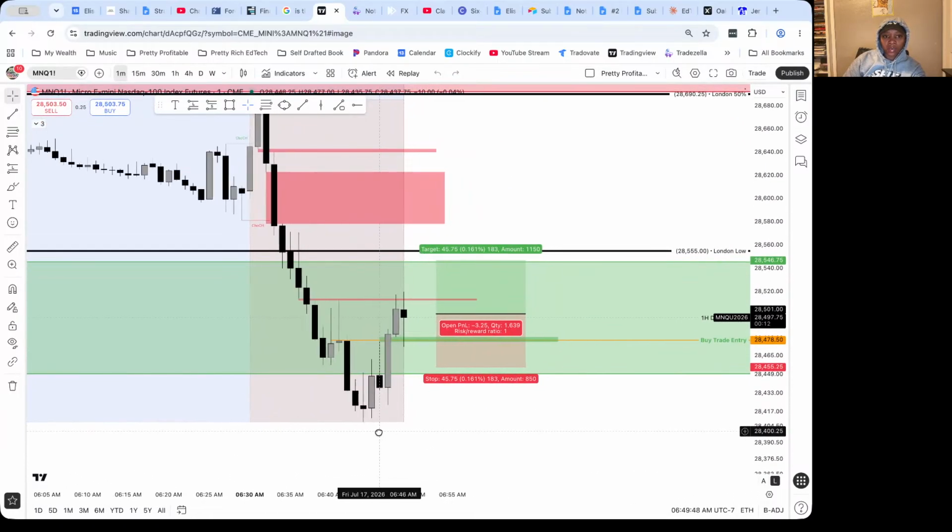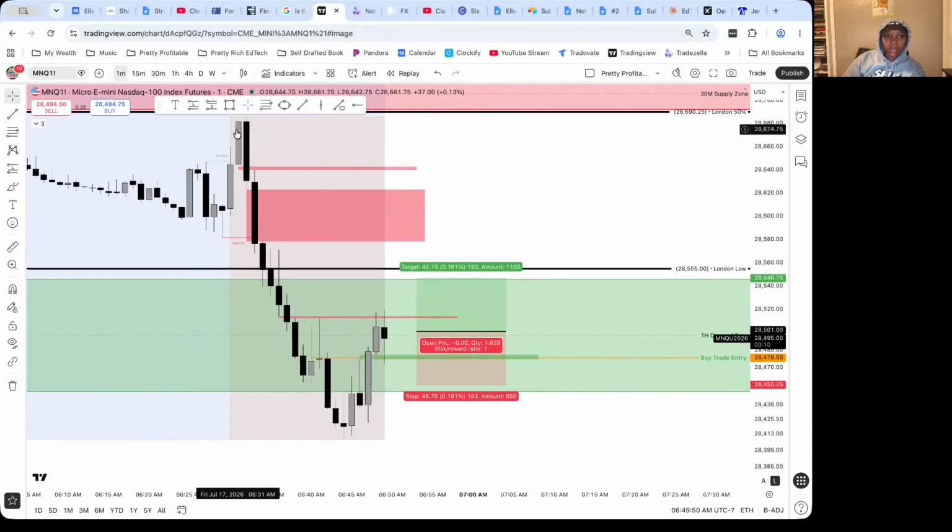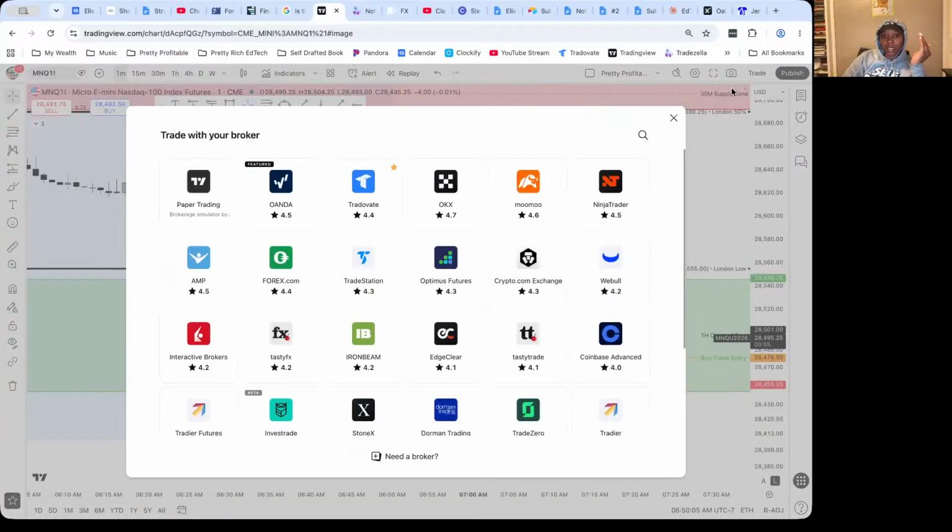Dang, y'all. Look, missed that drop, but not missed it because it didn't mean nothing. I got in, I held it. This was invalidated. I don't know what to do now, y'all. This could be a day where it's like, okay, I don't trade.